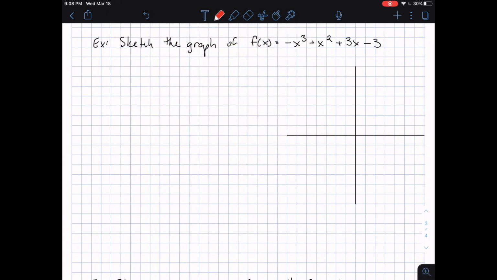So here's my function. I have negative x cubed plus x squared plus 3x minus 3. So I want to start by figuring out, well, we talked about end behavior, and it would be helpful to know that. It's going to give me a sense of direction. So what do we know about the end behavior?